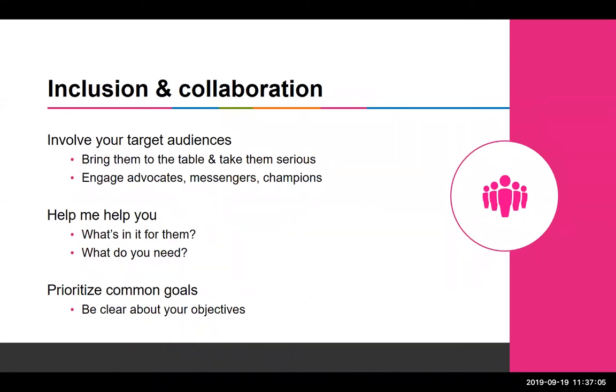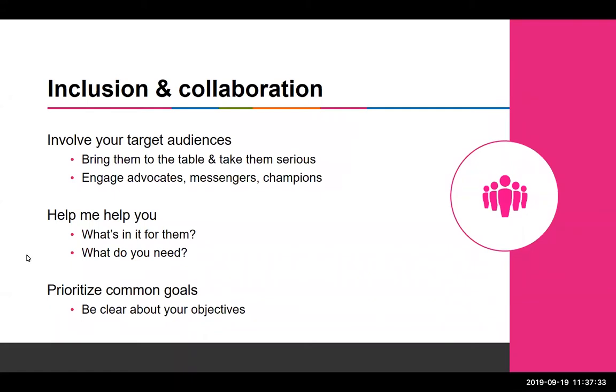It can be really difficult sometimes to stop the creative ideas early on that you have, because you know this work and you know this information and this is what message you want to send, but really invite everyone to be involved early, taking them seriously and taking their advice and their input into account before you do that.